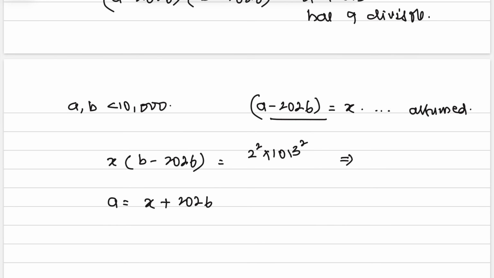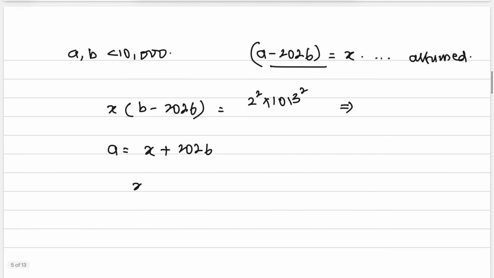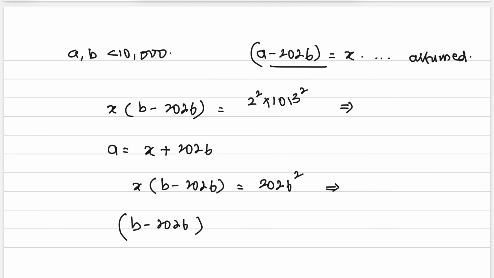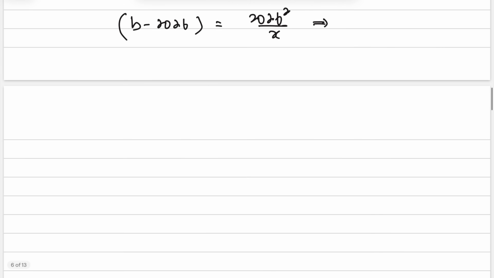And for B what we will get? x into (B minus 2026) is equal to 2026 whole squared. This is nothing but 2026 whole squared. That means B minus 2026 is equal to 2026 whole squared by x. That implies B is equal to 2026 whole squared by x plus 2026.